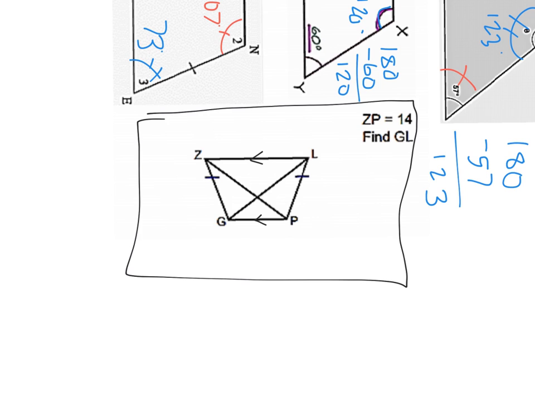It says ZP equals 14. ZP is right here. It wants us to find GL. Well, if this is an isosceles trapezoid, then the diagonals are congruent. So GL is 14.